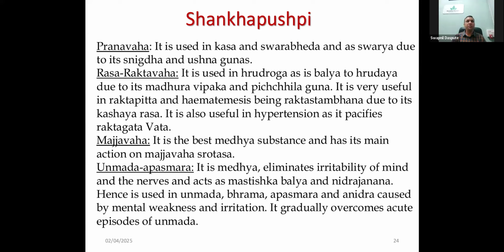It gradually overcomes acute episodes of Unmada. So it should be used for a longer term, and it will gradually take care of Unmada. So Shankapushpi is a good herb, singular herb also, which can be taken on a long-term basis in psychological disorders.